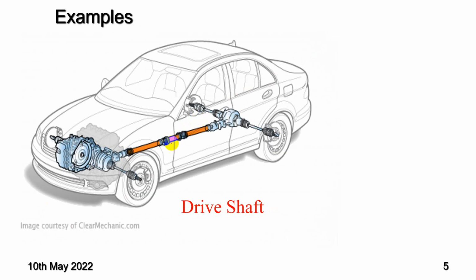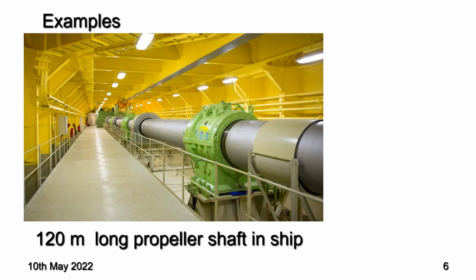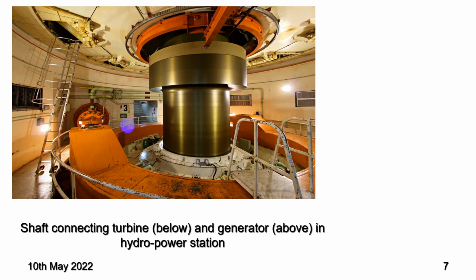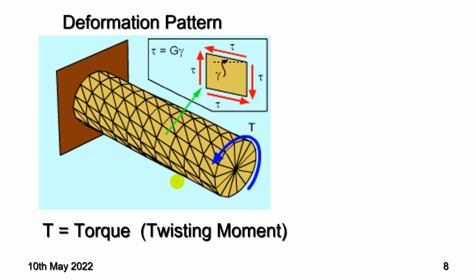In a car you have drive shafts which undergo torsion, and a propeller shaft in a ship undergoes torsion because torque is applied on one end and transferred to the other end. And you can also see the effect in a turbine.